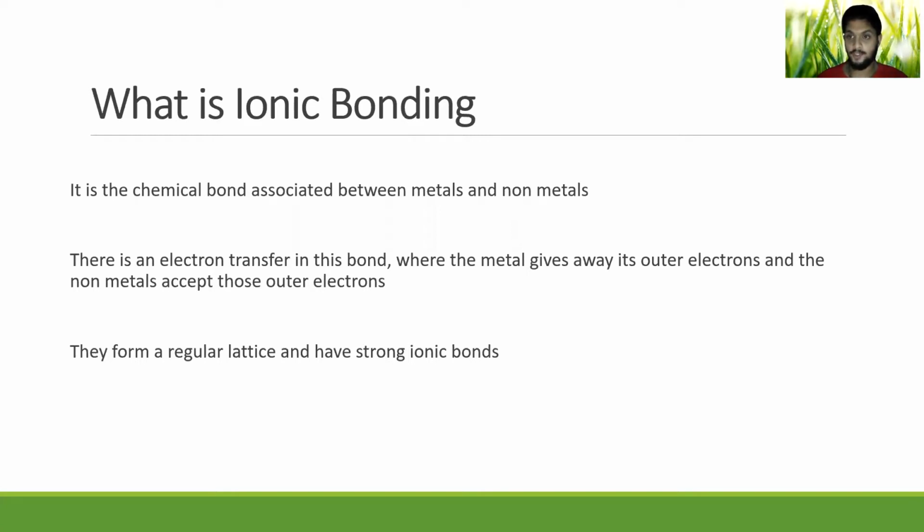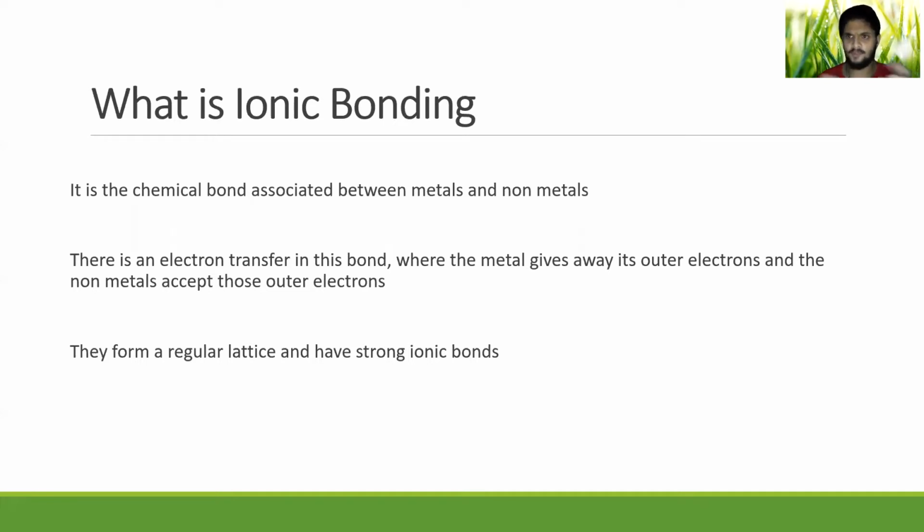In the periodic table, groups 1 to 3 mainly consist of metals, and groups 5 to 7 consist of non-metals. So any reaction between an element in groups 1 to 3 and an element from groups 5 to 7 will give you an ionic bond.